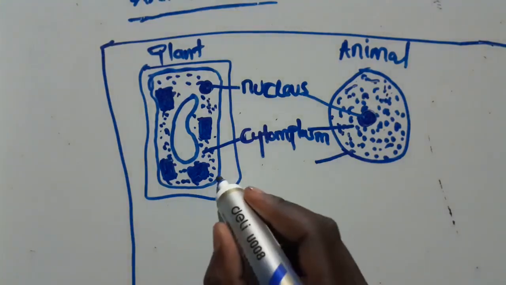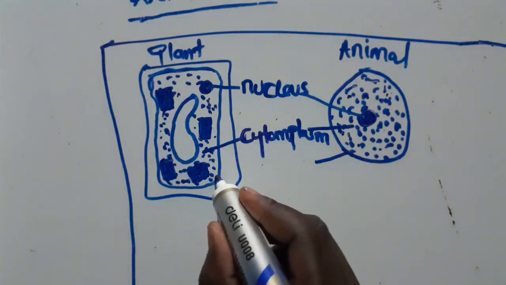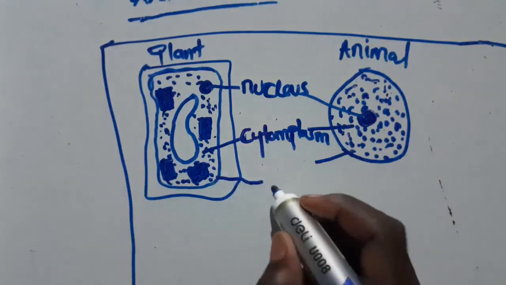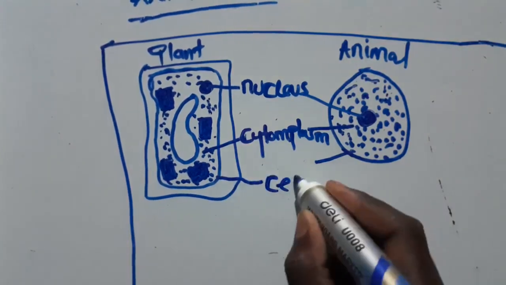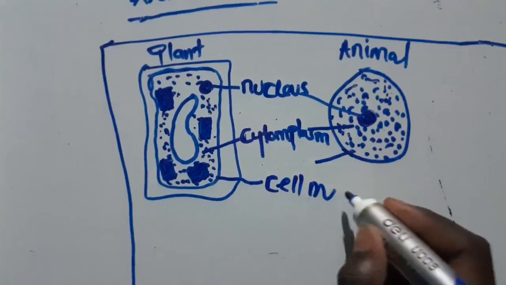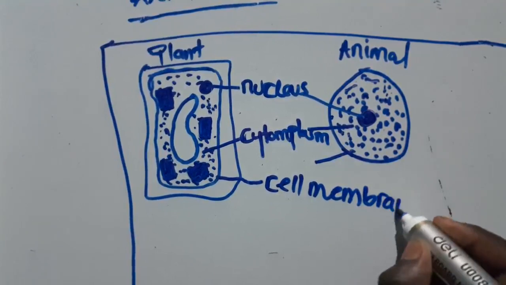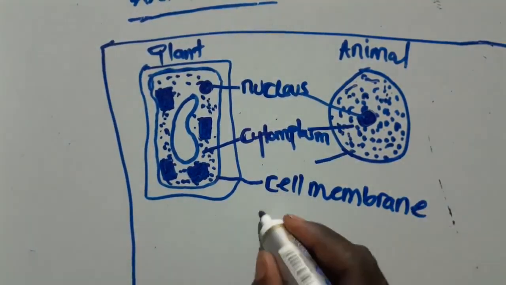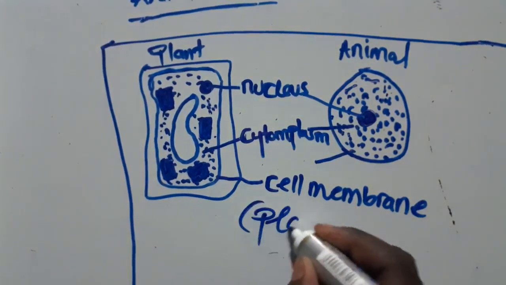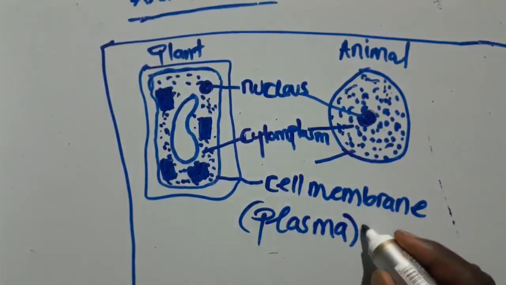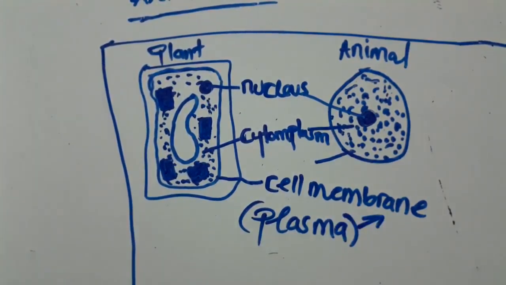So a cell membrane and a plasma membrane are one and the same.